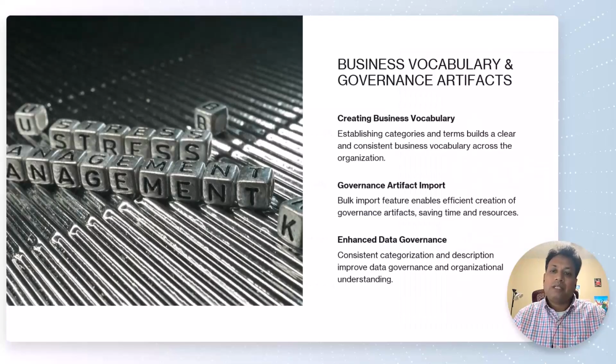This part of the demo demonstrates how to create categories and business terms to establish a robust business vocabulary. There is a feature called governance artifact import that allows for bulk creation of governance artifacts, and it saves a significant amount of time and resources for data stewards.